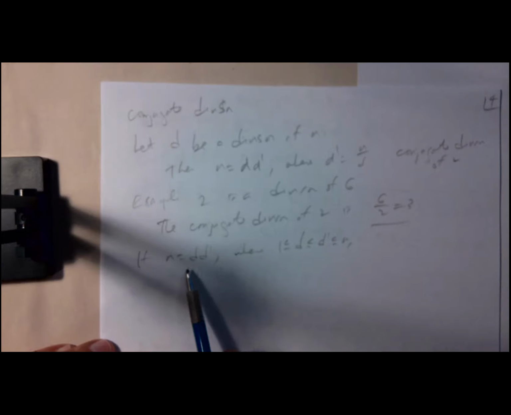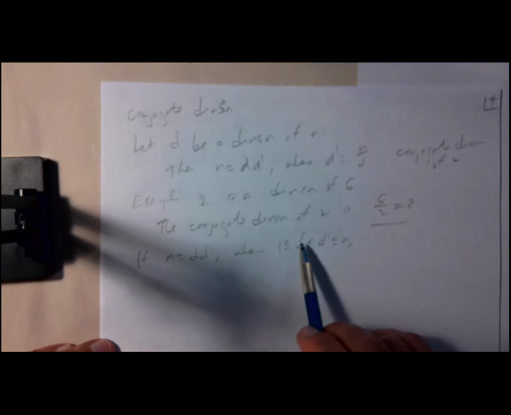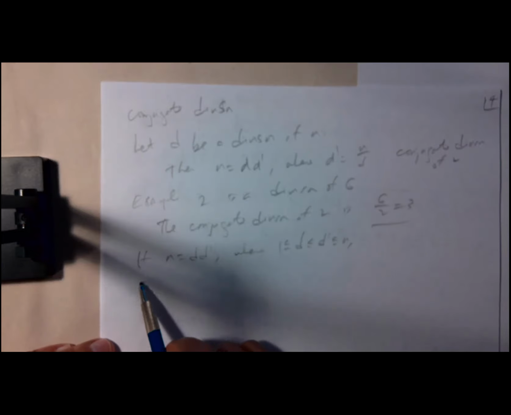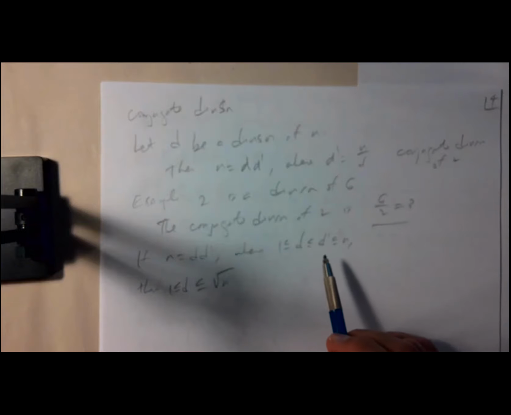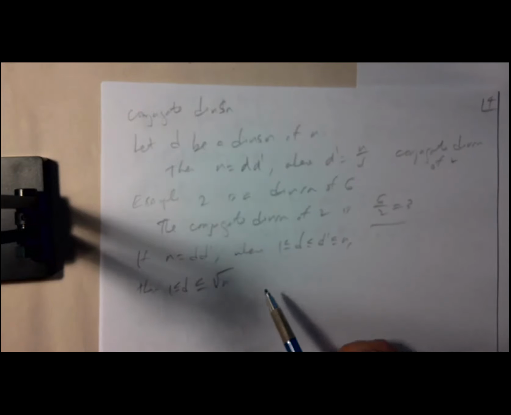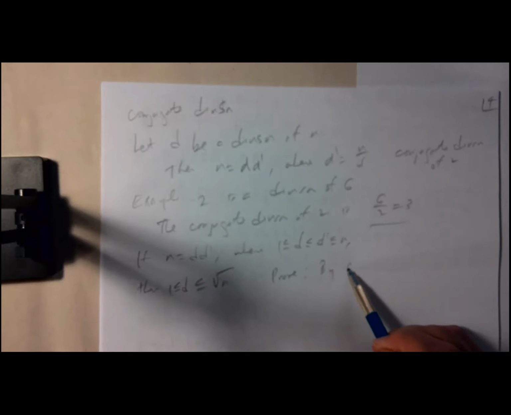So if a number factors into d times d prime, and d is the smaller of the two factors, then in fact d is less than or equal to the square root of n. When a number factors into the product of two divisors, the smaller divisor is never bigger than the square root of n. And the proof is by contradiction.